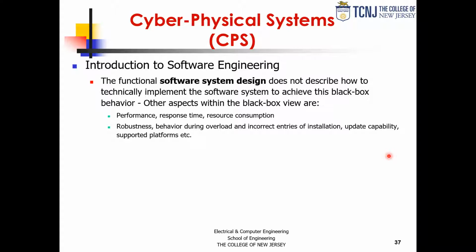So these are different examples, by no means an exhaustive list, but it gives you some idea. We have not talked in this list about what different technologies could be used or how the software is going to be implemented, just what are the aspects and metrics that the software needs to have.